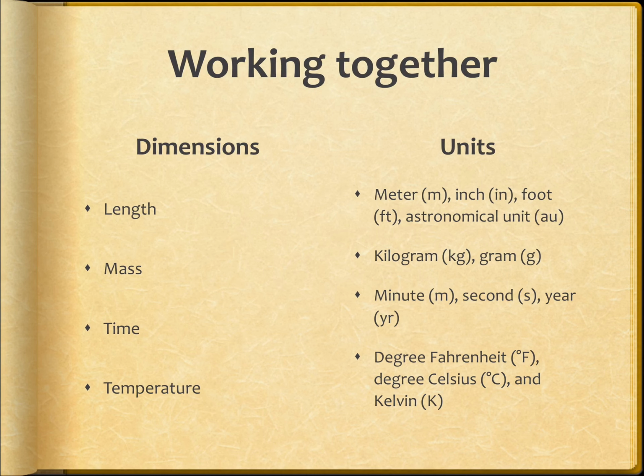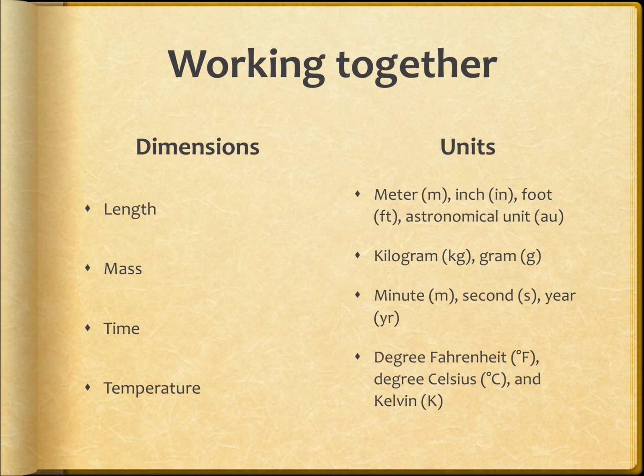So working together, let's look at some examples of dimensions that are in units. So for length, we could have meter, metric system, inch, which is imperial system, or foot, which is imperial system. We also have large units such as astronomical unit, which is the distance from the Earth to the sun.